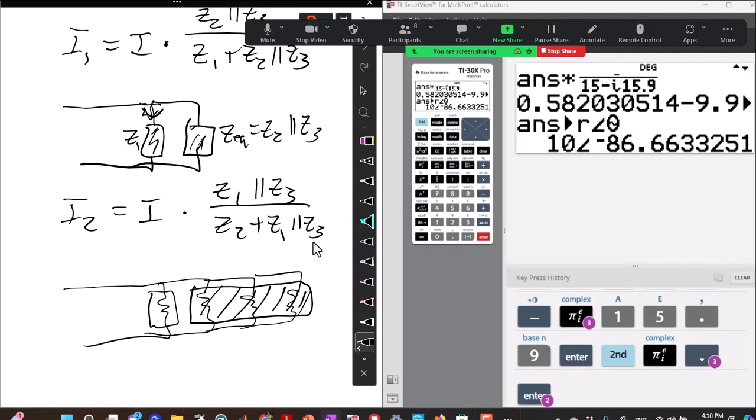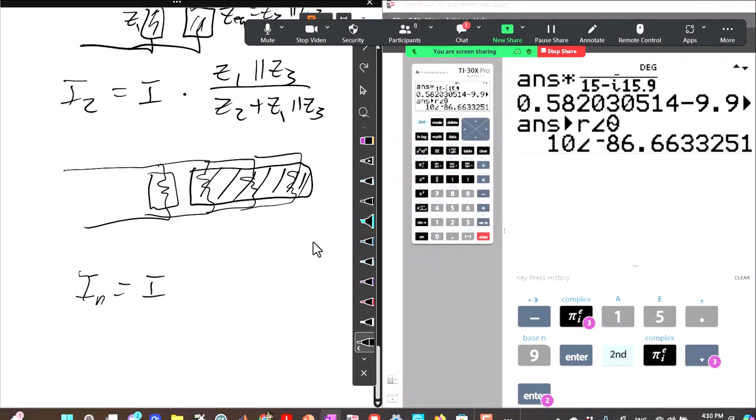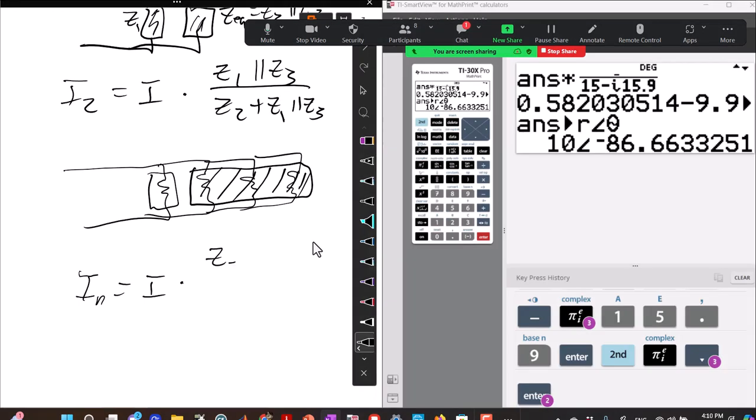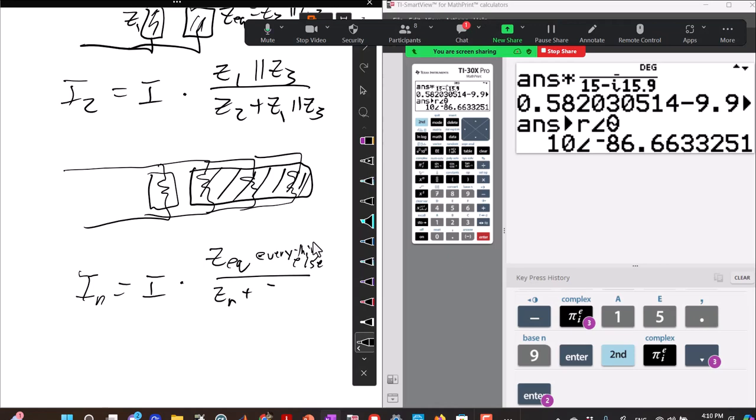So it would be I n equals the total times Z equivalent of everything else over Zn plus Z equivalent of everything else.